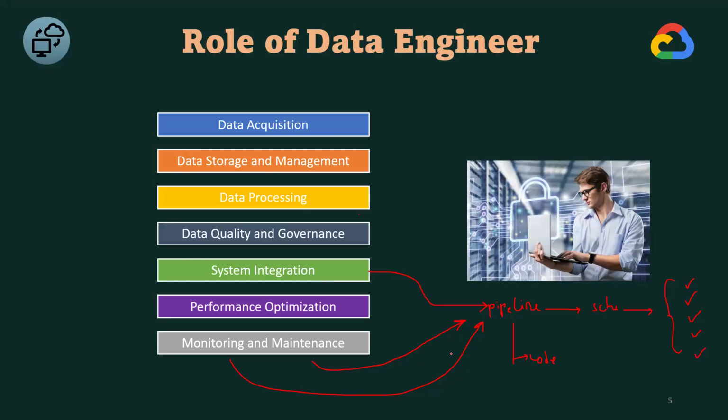Some people work on these two areas, some people work on that area. You may get a chance to work on only one or two steps, guys. It's not that you will be working on the entire set of activities. But as a data engineer, we must focus on all of these things so that we become a good data engineer, and we get to know where the data is coming from and where the data is going to.